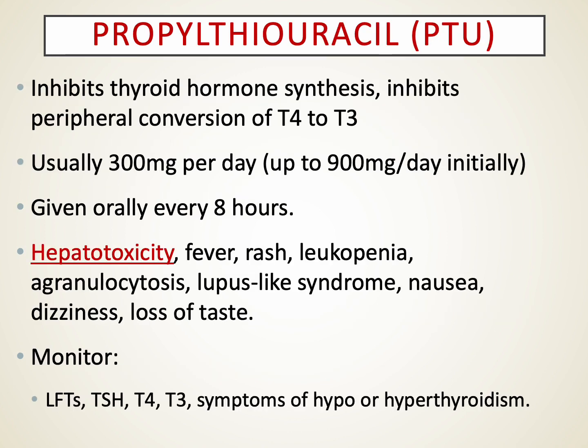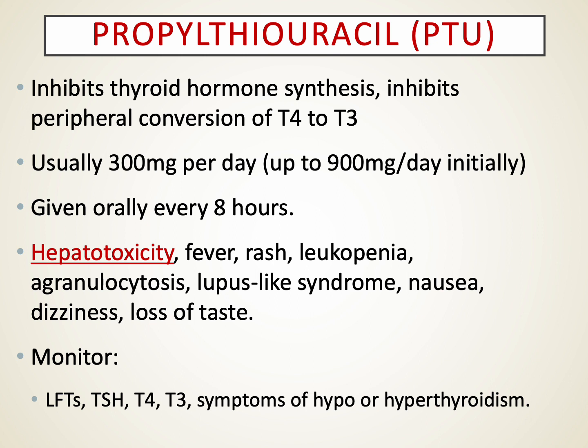So our therapies are for reducing synthesis of T3 and T4. The oldest therapy, the one that's been around probably the longest, is propylthiouracil, or PTU. It's typically dosed at 300 milligrams a day, can be initially loaded up to 900 a day, and given orally every 8 hours.